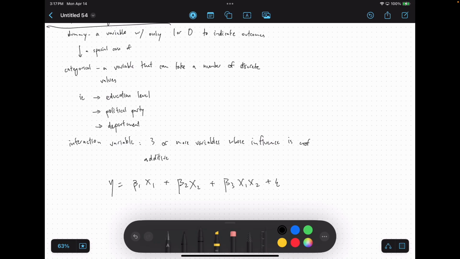Is this a linear regression? Raise your hand if you think it's a linear regression still. Raise your hand if you think it's not a linear regression. Yeah, so this is still a linear regression. When we talk about linear regressions, it's about linearity in the parameters and not necessarily your input variables.